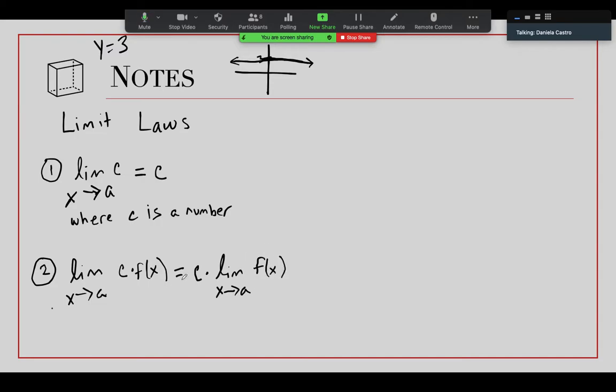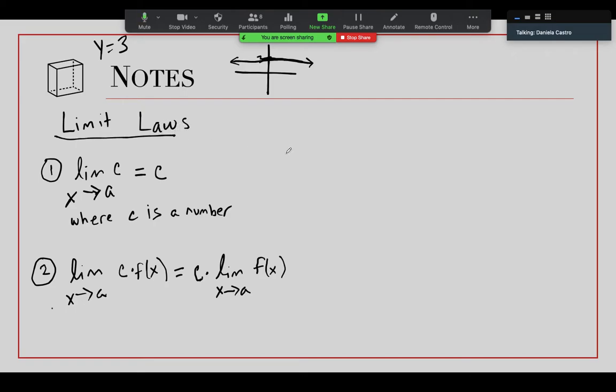So what this is saying is I can just pull that constant number out. The way you can remember that c is a number, you can just think constant, right? Because a constant is a number. So what this is saying, I can pull a constant out, and it will still be the same question.